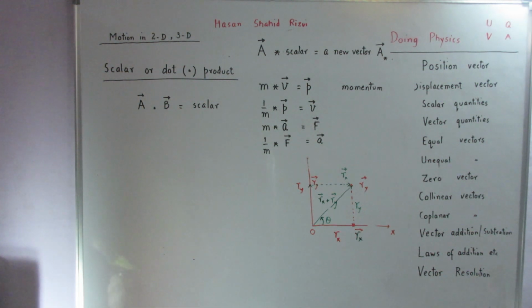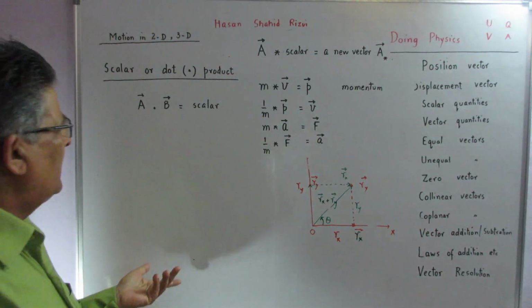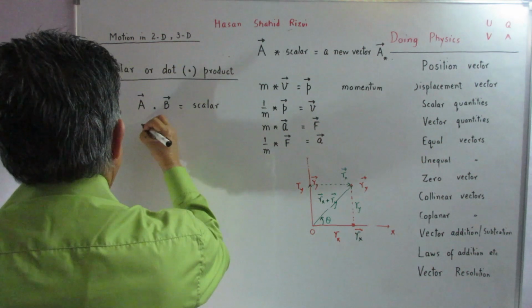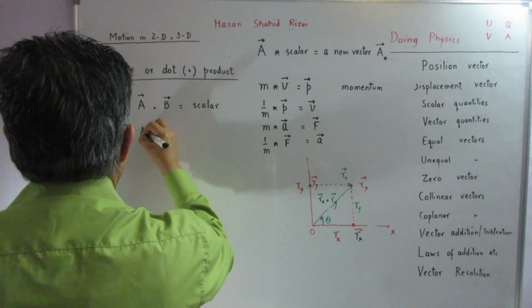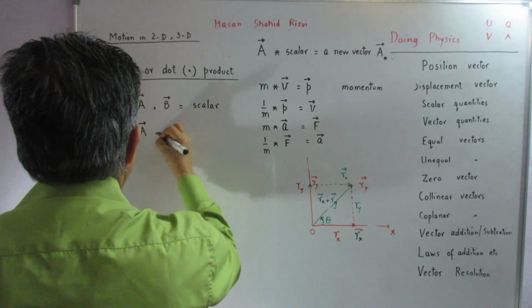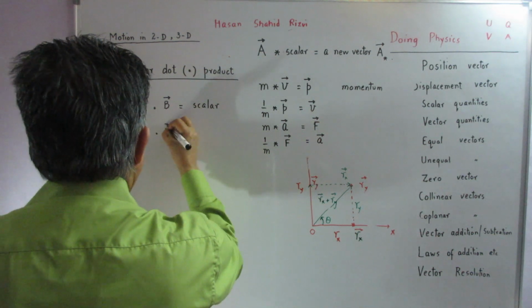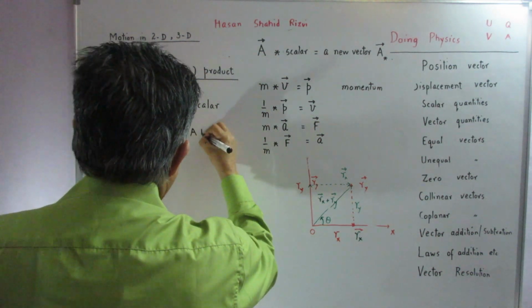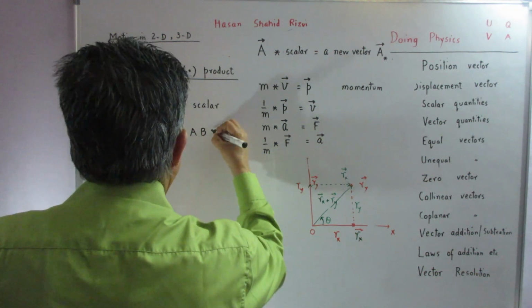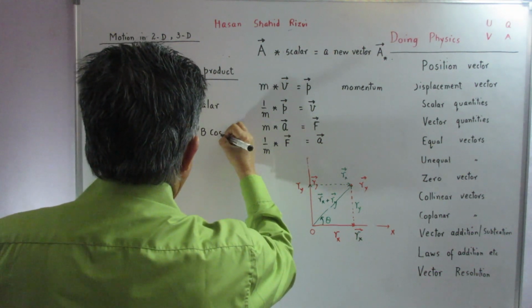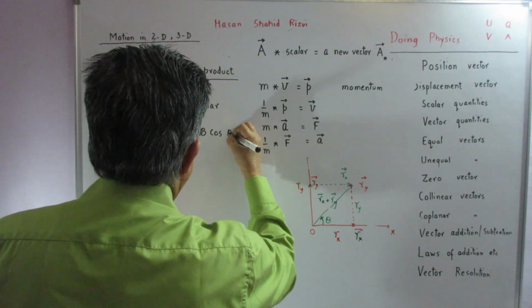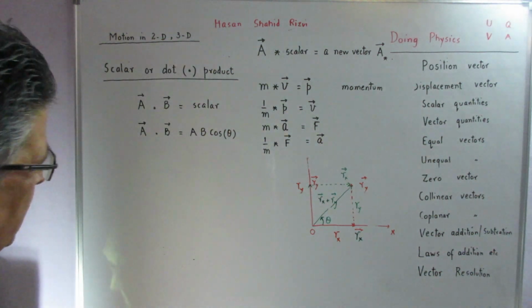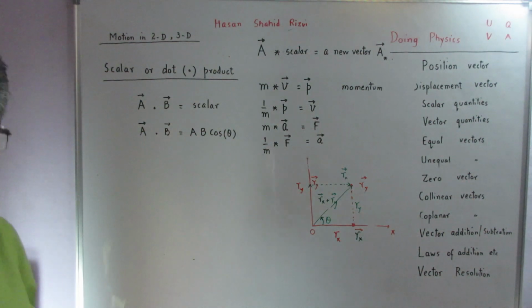And we say that A dot B is equal to magnitude A times magnitude B into cosine of theta, AB cos theta.